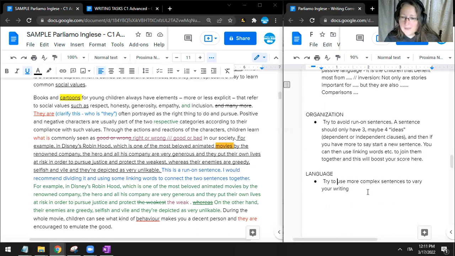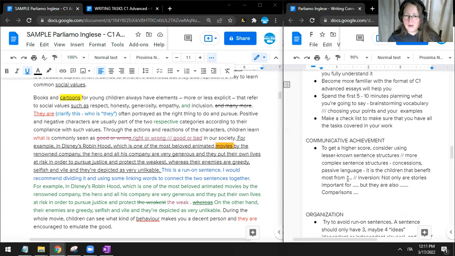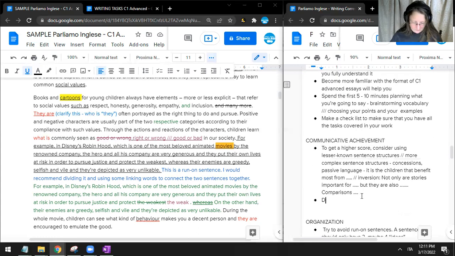And then for language, just the same thing about using some more complex writing. But there's no big grammar mistakes that jump out to me. Oh, communicative, also don't use contractions in informal writing. So that's a simple thing that you can do. Also stay on topic.